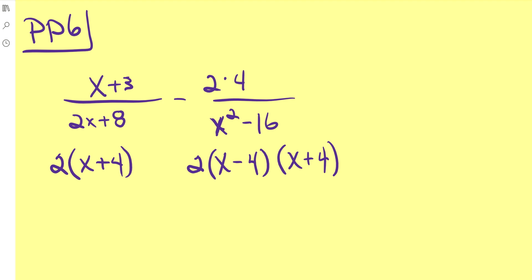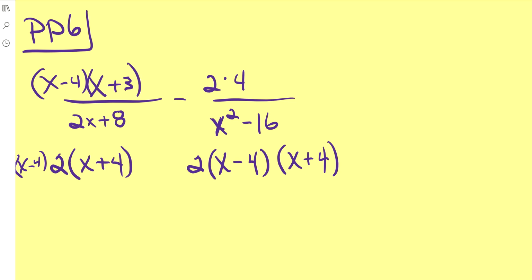And then on the left side, it looks like we're missing an x minus 4 because I have the x plus 4. So I'm going to multiply top and bottom by x minus 4, and then x minus 4 on the top. What I do to the bottom, I have to do to the top.